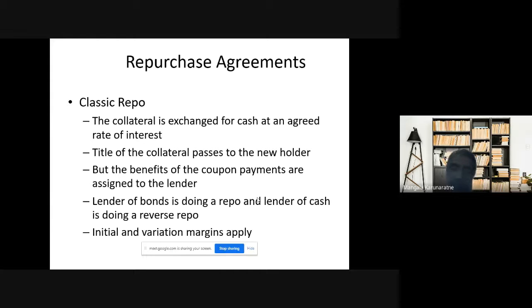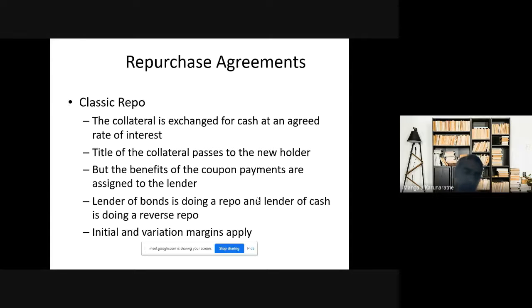Before that, we were having all these government securities in paper format. So now it's in electronic format, so it's easy to do the transactions.